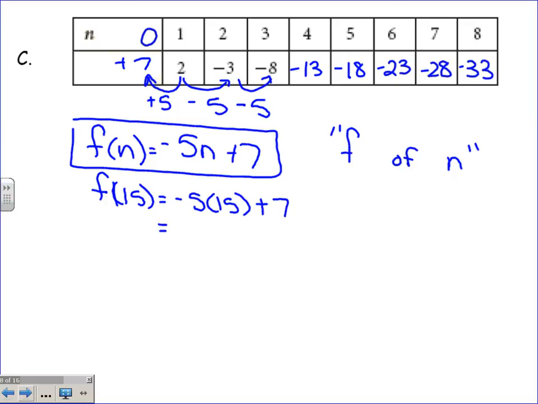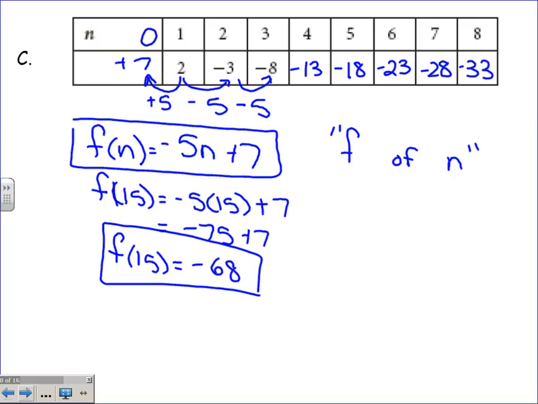That's a pretty big number. You know what that is? That's negative 75. It's either going to be 68 or it's going to be 82. Negative 68.